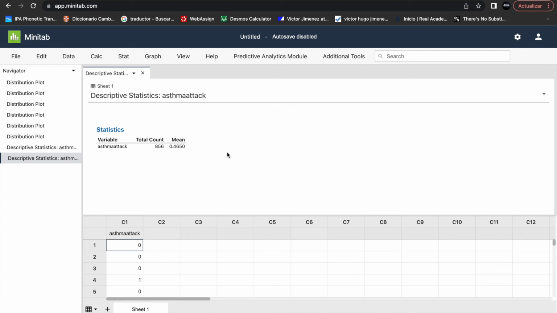So we need to compute that in our calculators. 0.465 minus 0.5. That answer divided by the square root of 0.5 times 1 minus 0.5 divided by, what was the value for n? 856.